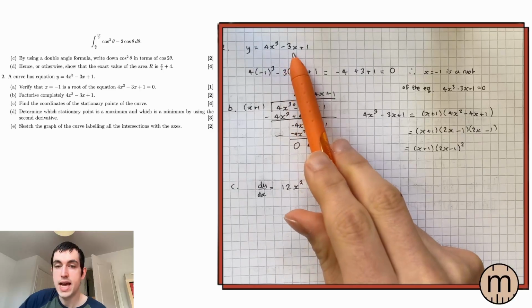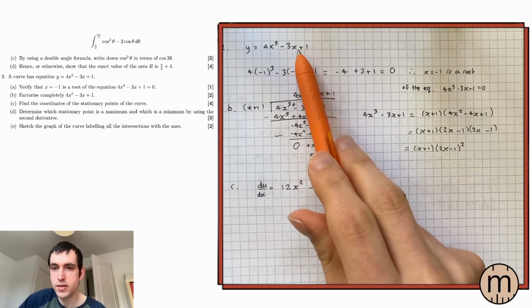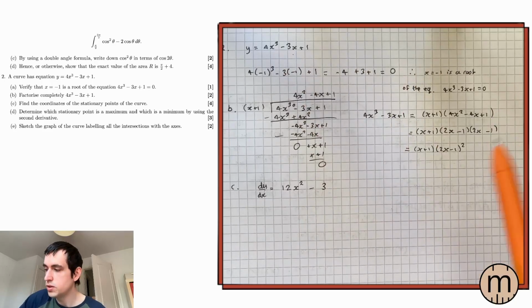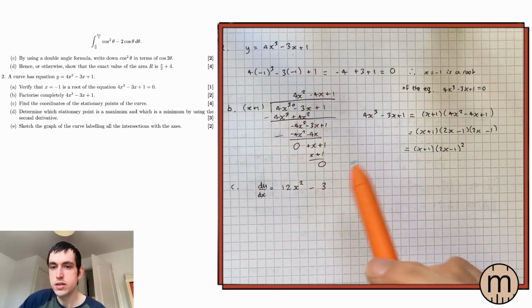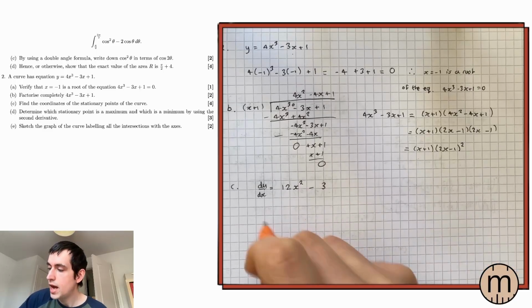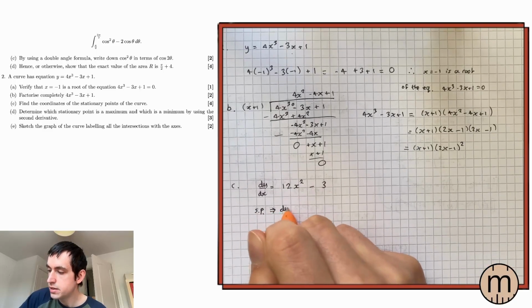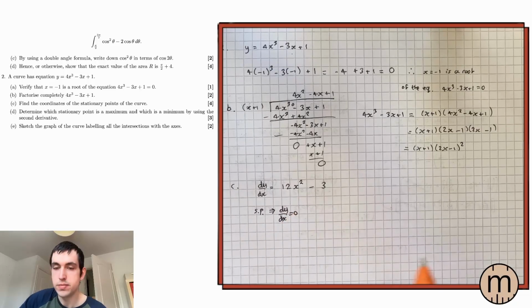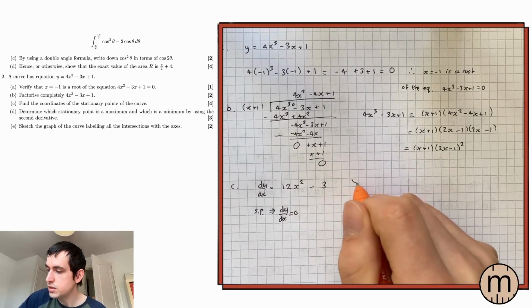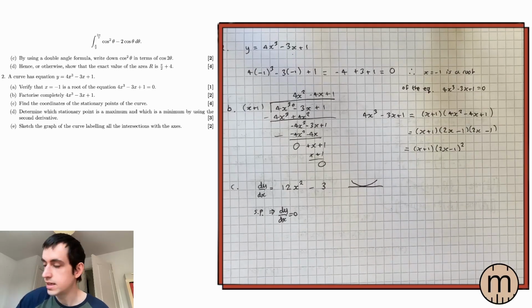That's because the x is already a power of 1. It becomes a power of 0, which is just a constant, just 1. And then any constant just disappears. 12x squared minus 3. And because it's a stationary point, SP, it implies that the derivative is 0. That's because at a stationary point, the derivative is flat. So dy/dx has to be 0.